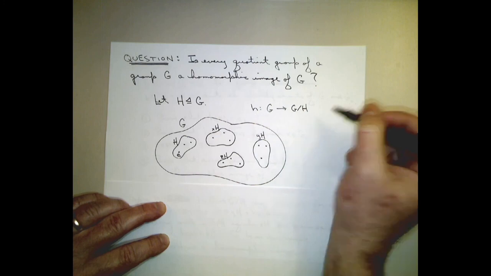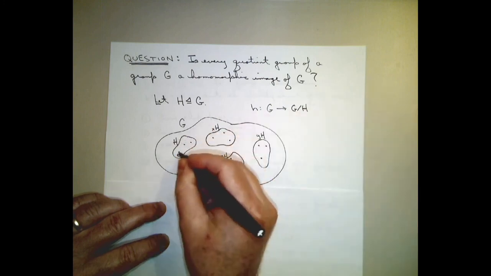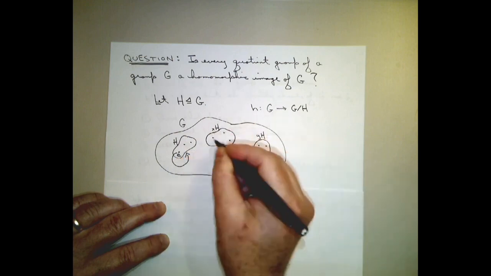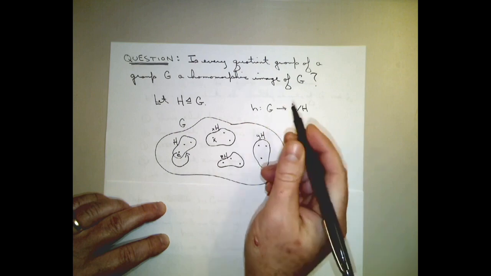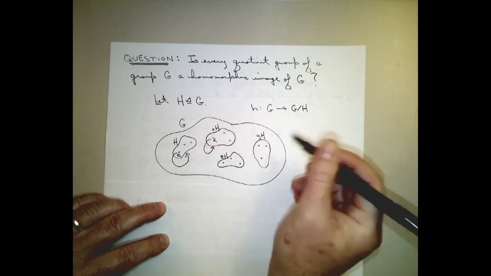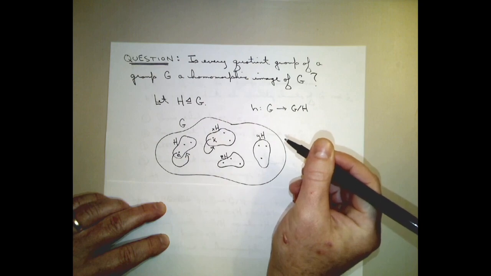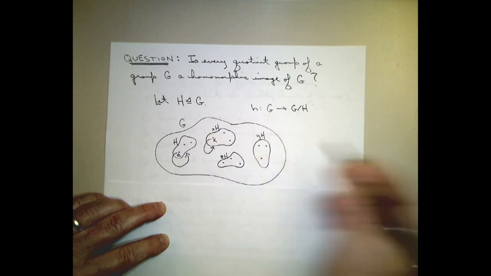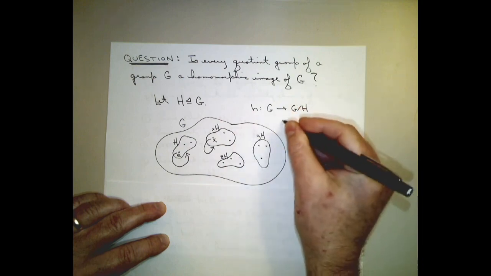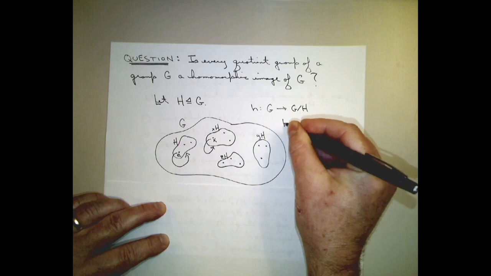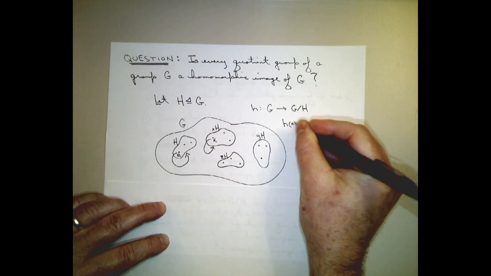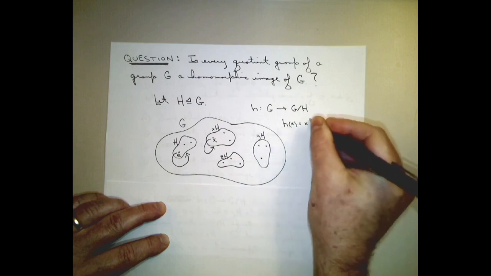I think the most natural one in the world is the one that sends E to the coset H, and sends X, in fact everything in X, to the coset that contains it. So it seems like a natural candidate for a homomorphism from G to G mod H would be the one that sends each X to its coset.